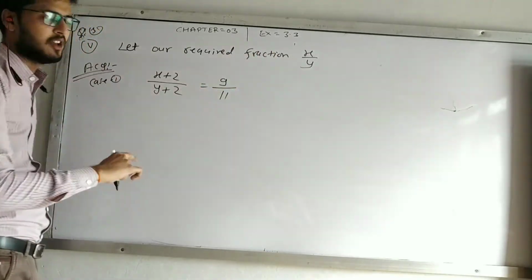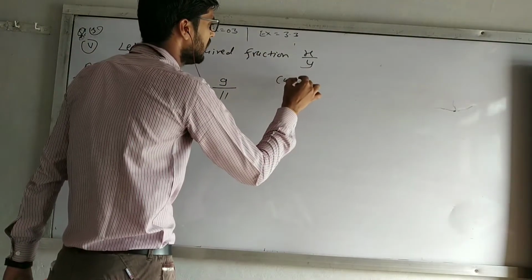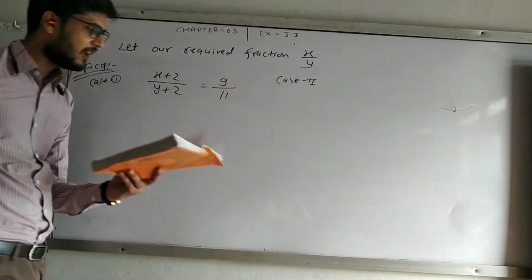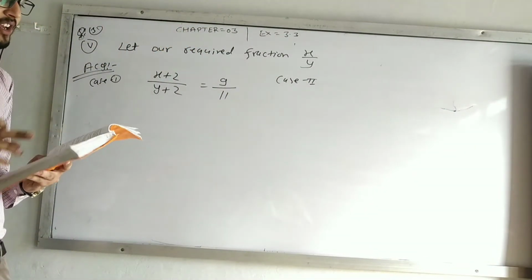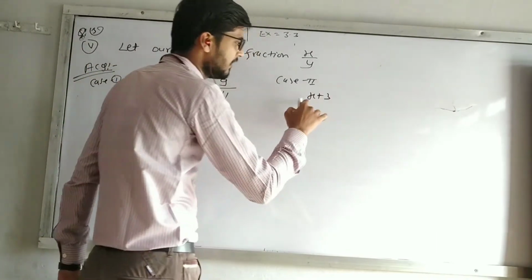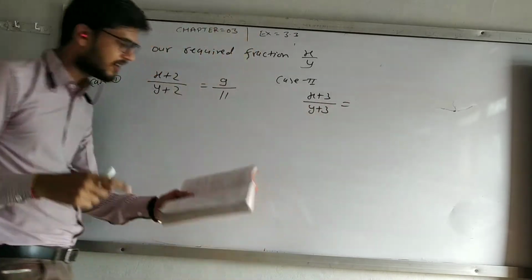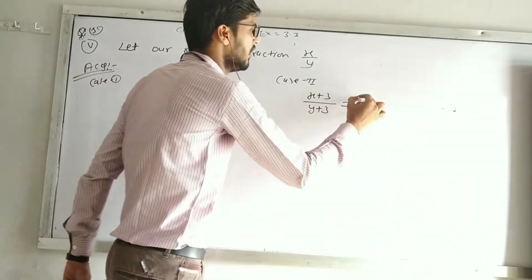This is our fraction, so this becomes 9 upon 11. Now case second: he says if 3 is added to both the numerator and denominator. So x plus 3, it means we add 3 in the numerator and also in the denominator. Then our fraction becomes 5 upon 6.